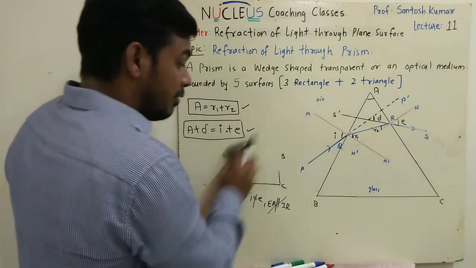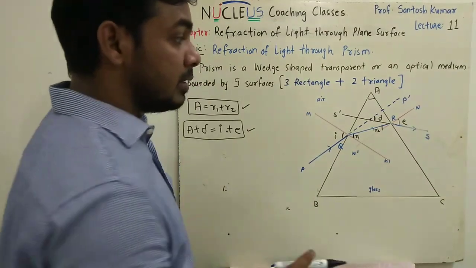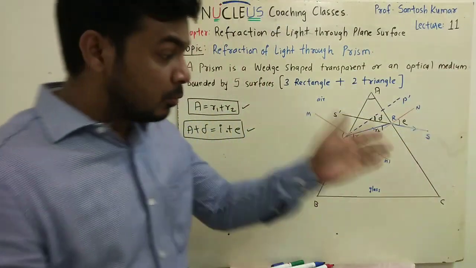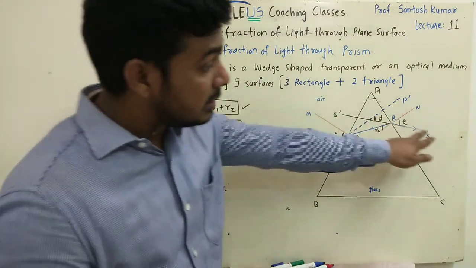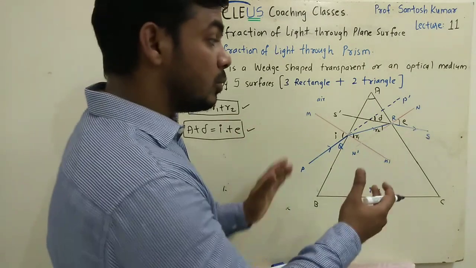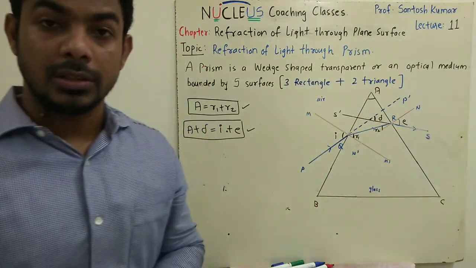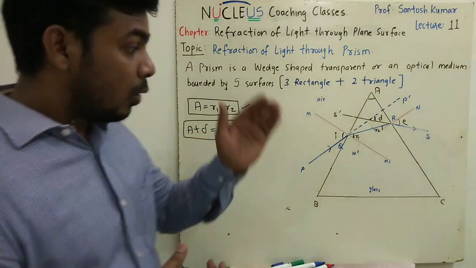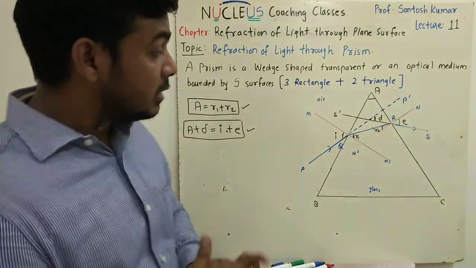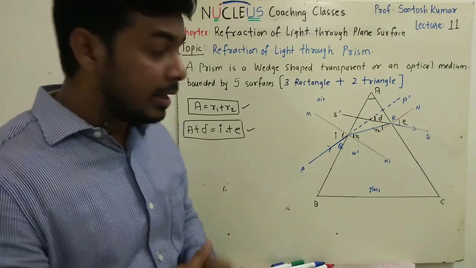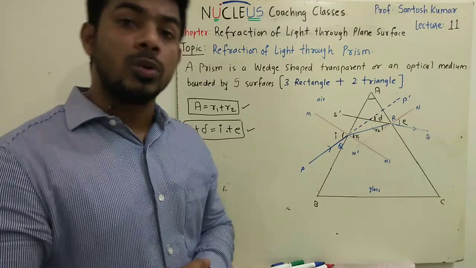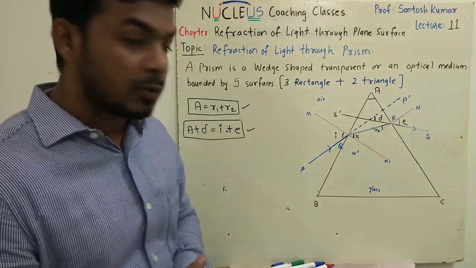So whenever a ray of light passes through a prism, it bends towards the base of the prism. You can clearly see that the emergent ray RS is going towards the base of the prism. That means it is going towards the thicker part of the prism. What you need to remember: whenever a ray of light passes through a prism obliquely, it always bends towards the base of the prism or towards the thicker part of the prism.